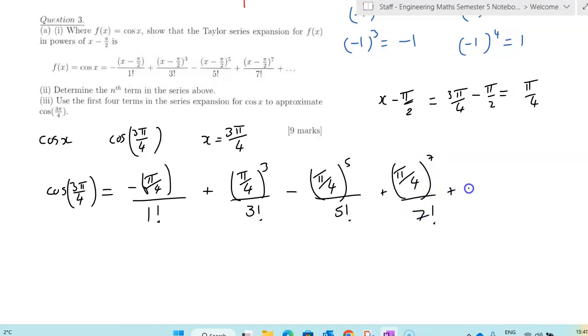It is an infinite series, so we can do a few dots, but we're not going to go any further than the first 4 terms.